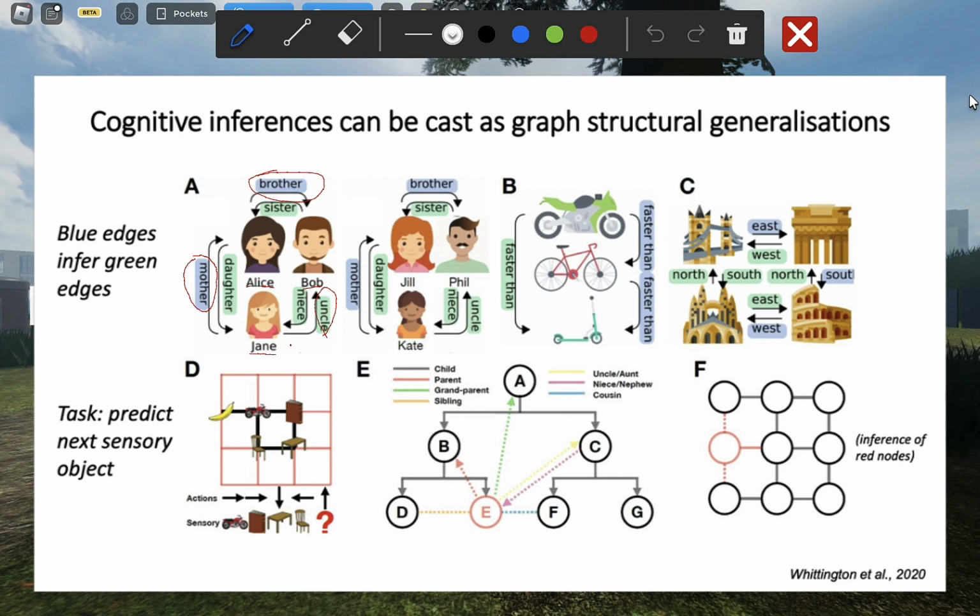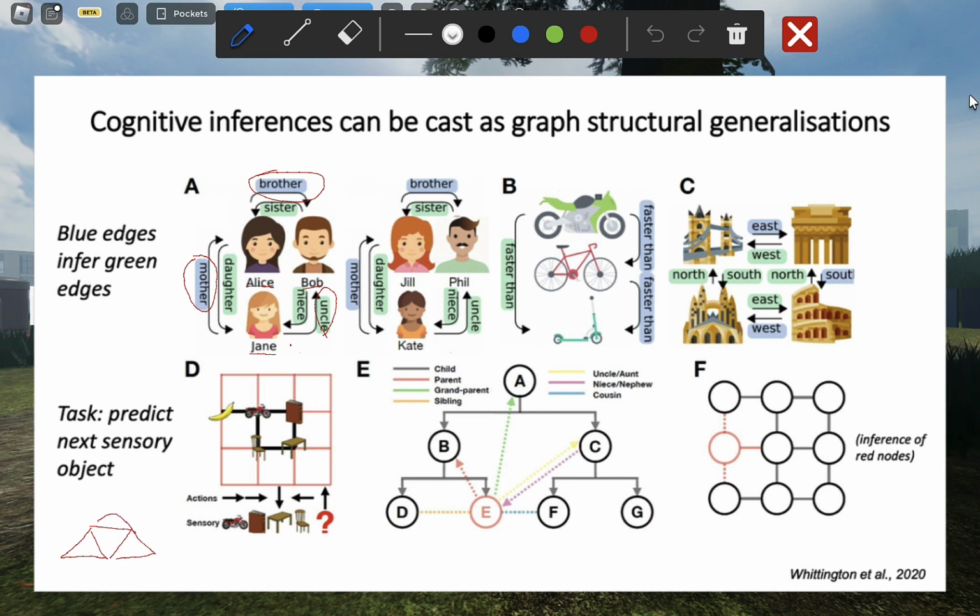And so what they did was they had this task where they had to predict the next sensory object, and they had different structures of the environment. One was this grid structure in D, another was this family tree structure in E, and I think they also had one that was made up of triangles.